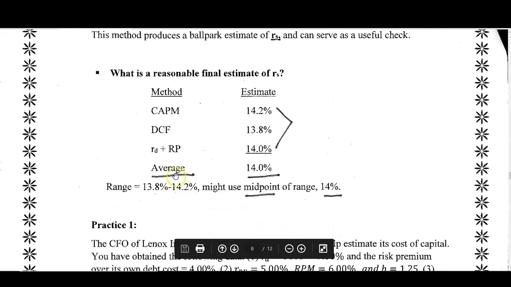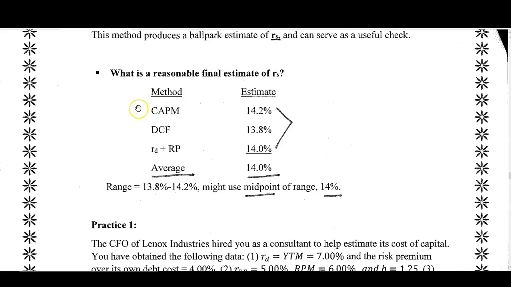Okay, so we can use the average or the median here, 14%, as a final estimate of cost of common equity. Okay, so in a word, we have three methods calculating cost of common equity, and after that, you can take the average or median as the final estimate.